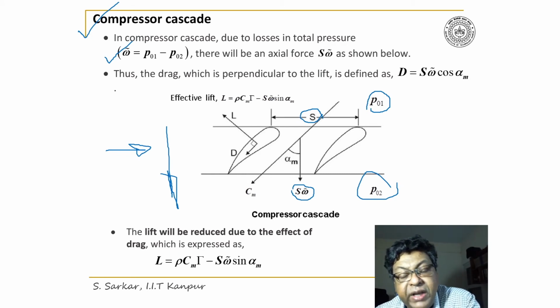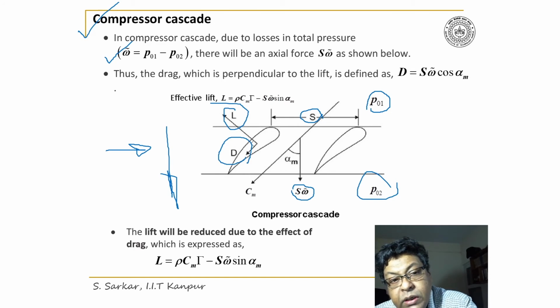Now, as for the definition of lift, lift is perpendicular to Cm, as I have shown, and the drag is parallel to the vectorial mean velocity. Now this S into omega tilde, which is the axial force because of total pressure loss, will have two components.